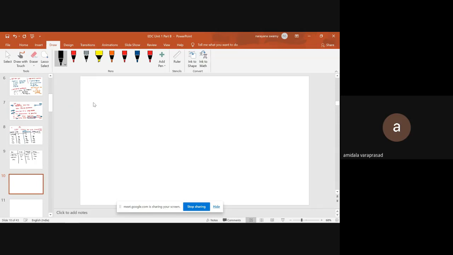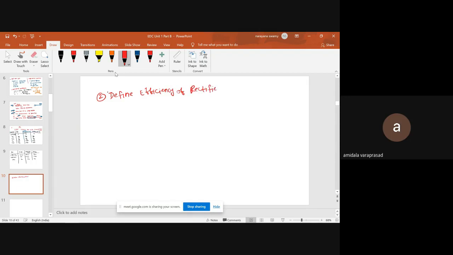Next, define efficiency. There is a chance they will ask to define efficiency of rectifier.